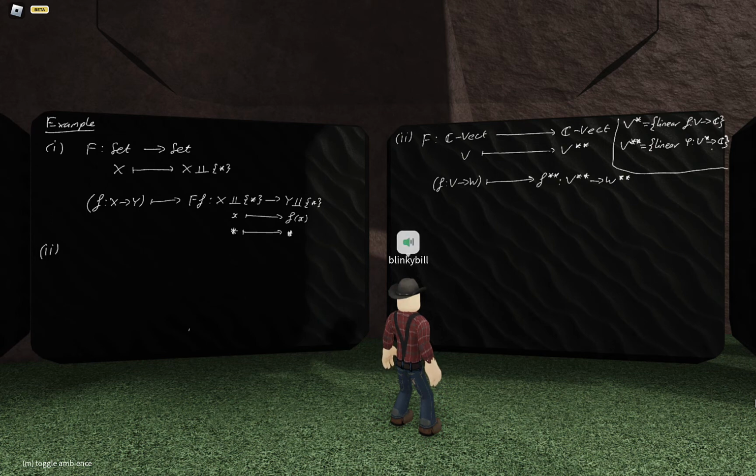And okay, what does it do to an input in V star star? That is a hard question to answer without building up to it. So let's do it one step at a time.